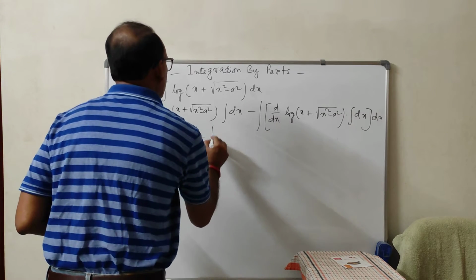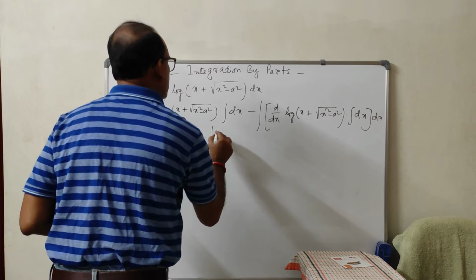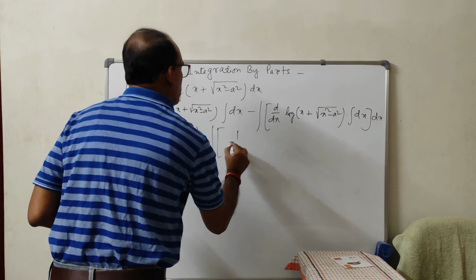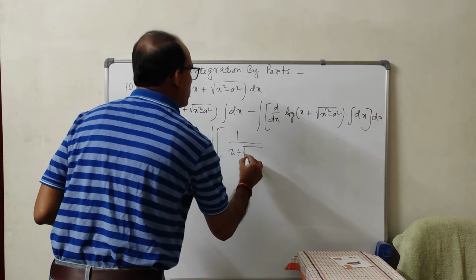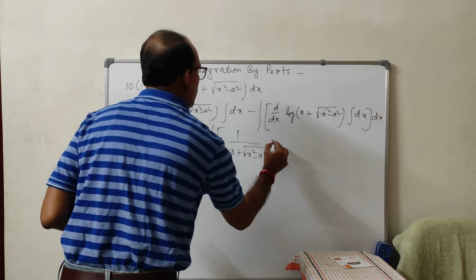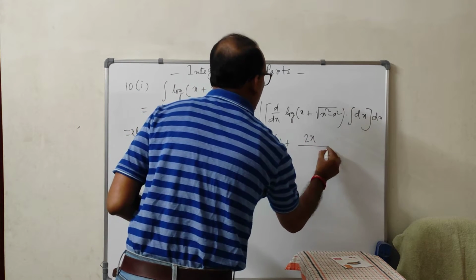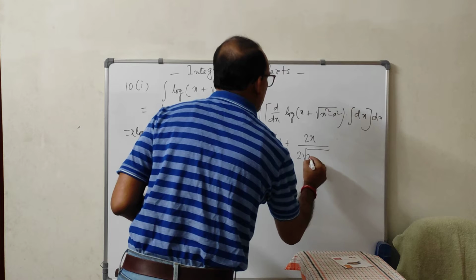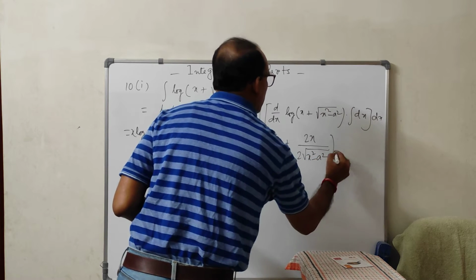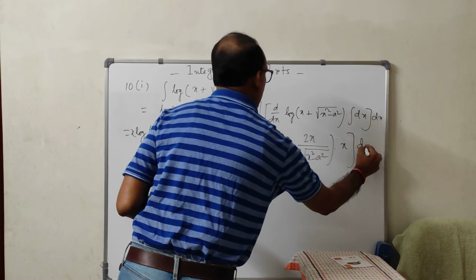Minus d/dx of this, which is 1 by x plus root over of x square minus a square into 1 plus 2x by 2 root over x square minus a square, into x, whole dx.